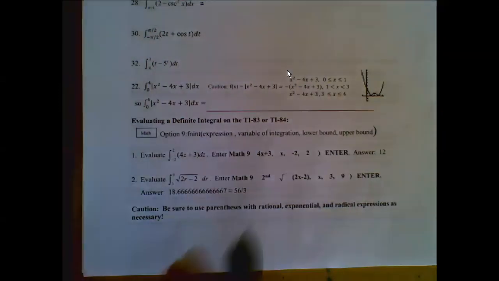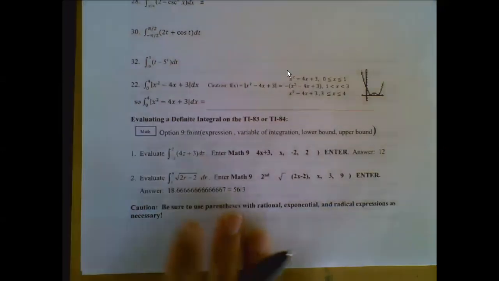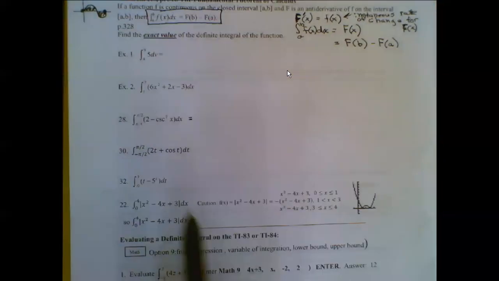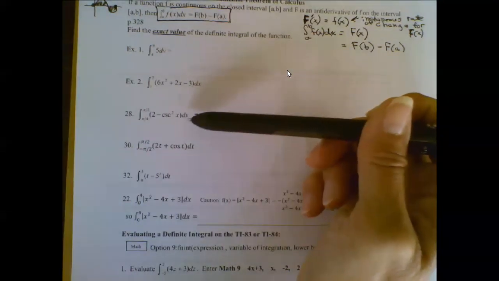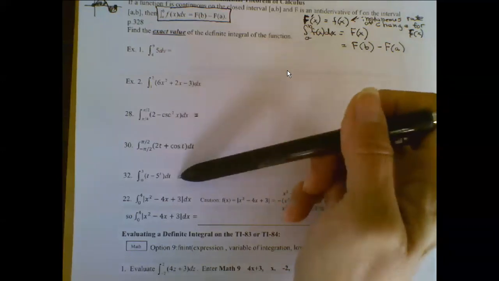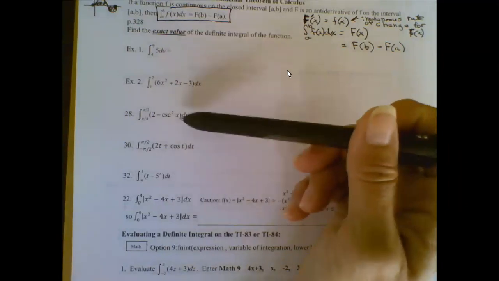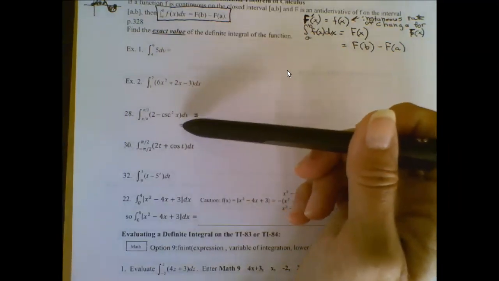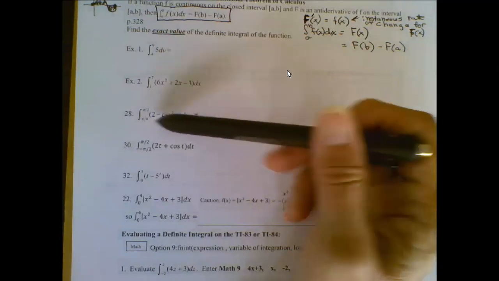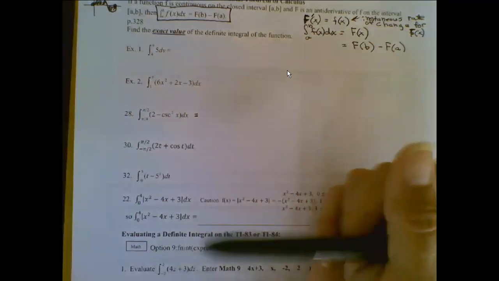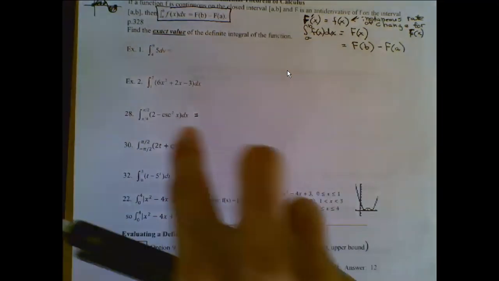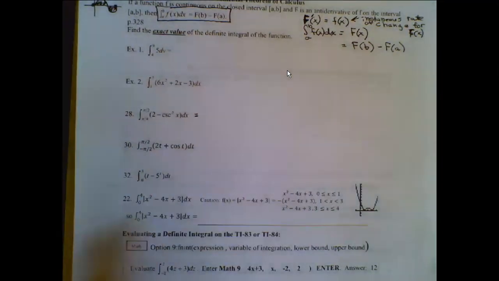But there's no point in me giving one of those on the test because it's just a calculator problem at this point. So on the test, you only have a couple of definite integrals that say give the exact answer, and they're going to be trig, because that's the only one you can't just punch on your calculator without understanding anything about a definite integral. So there'll be one like number 28 or maybe number 32 that you'll actually have to know the fundamental theorem of calculus to evaluate.